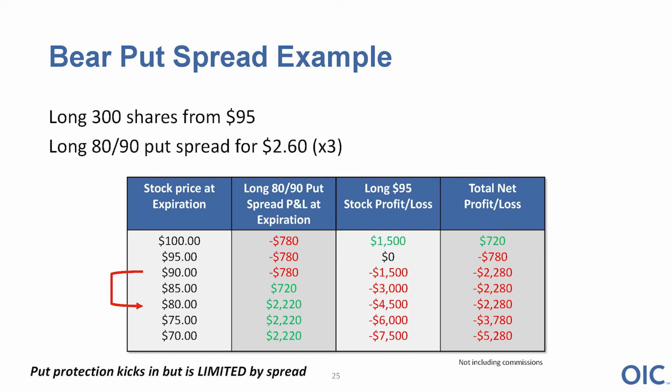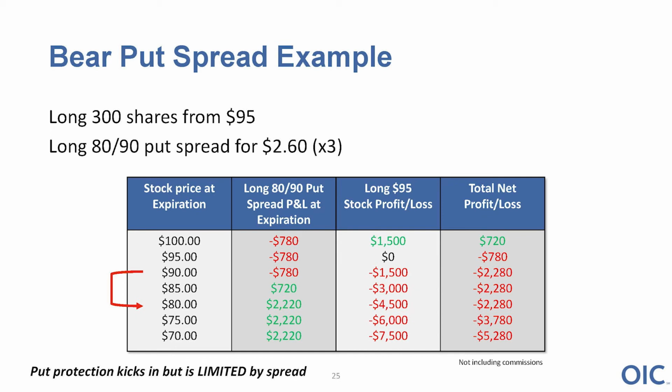The only reason we would put on this position is if, obviously, we want protection, but we don't think the stock is going to make a move beyond probably 16 or 17%, and we want protection between 90 and 80. So in this case, we have limited protection.